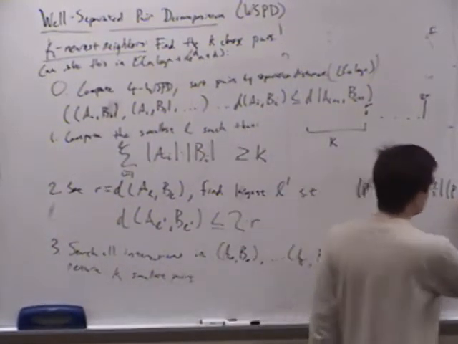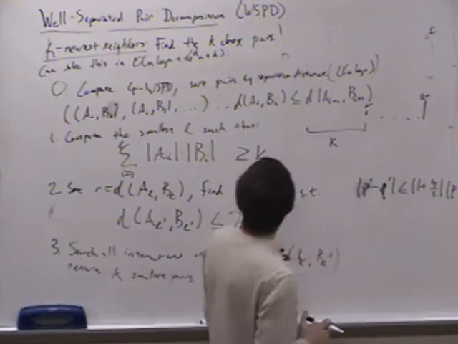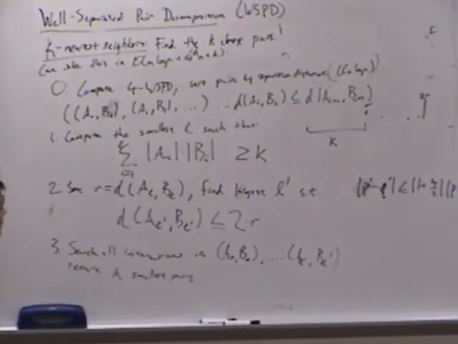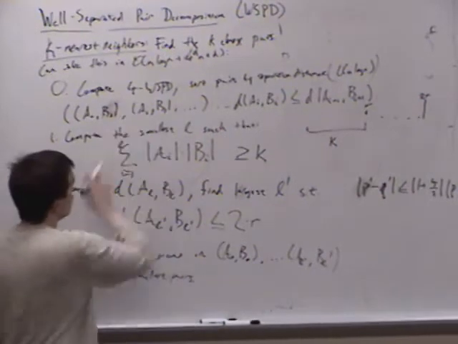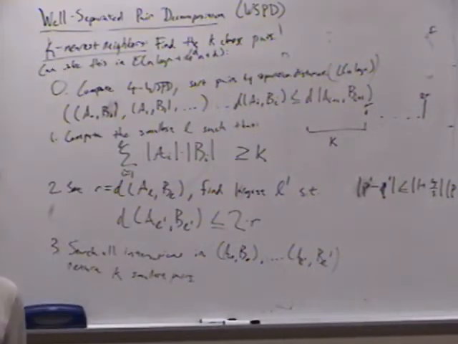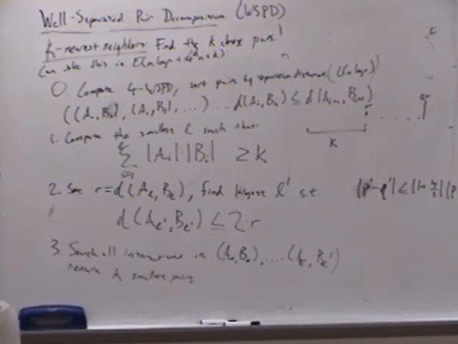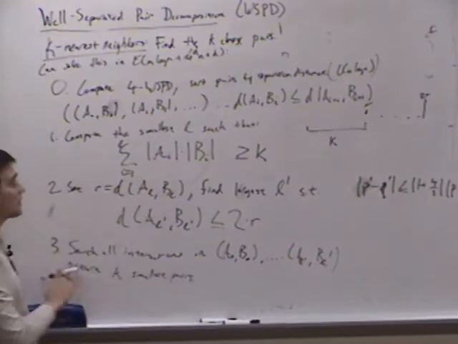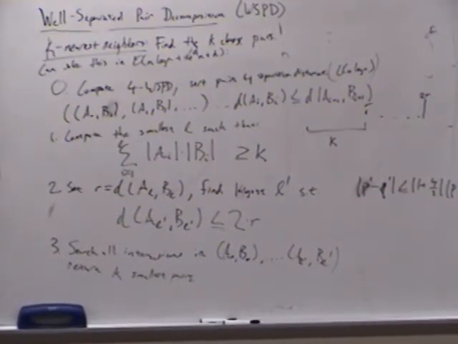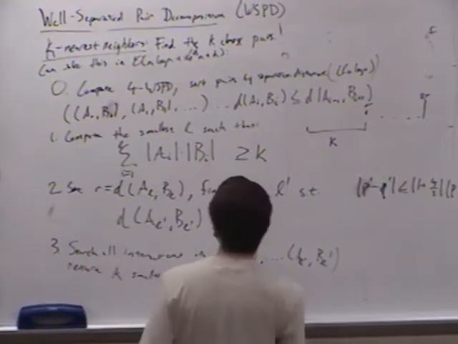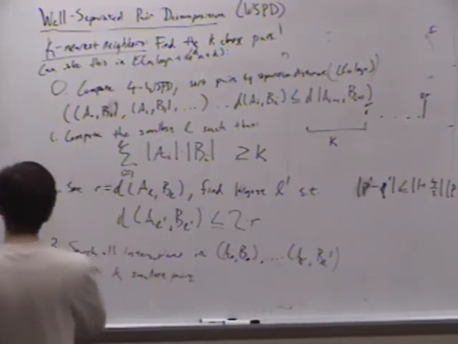For pretty much all the cases we are interested in, we're always going to pick a 4 well-separated decomposition. Going larger than 4 is usually unnecessary. For the closest pair, you can actually do it with a 2 well-separated pair decomposition, but we're going to use 4 for this algorithm. 4 is the smallest number that will work. If you make it any smaller, it doesn't give you the right result.